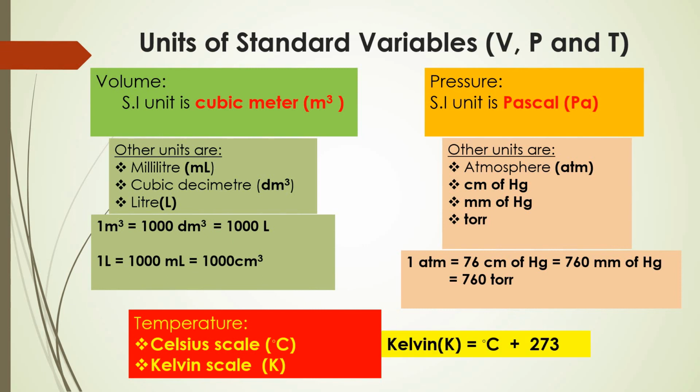The relation between Kelvin and Celsius is: Kelvin is equal to degree Celsius plus 273. So this is the relation which you have to remember for temperature. I want you to remember or learn these units of volume, pressure and temperature, which are the standard variables and which define the behavior or characteristic properties of gases.